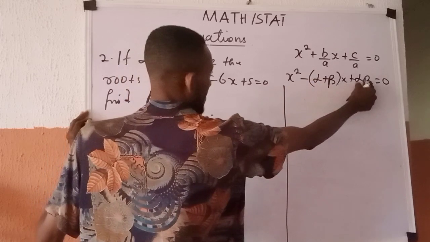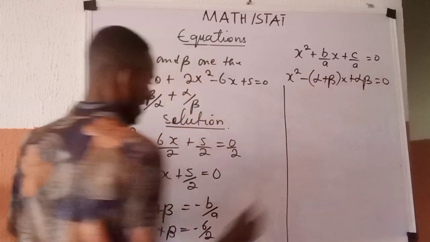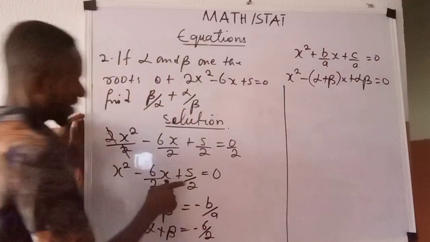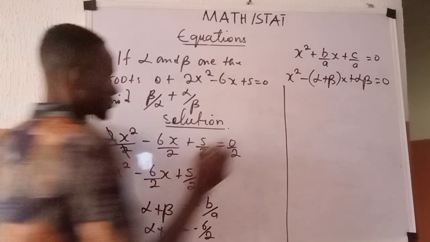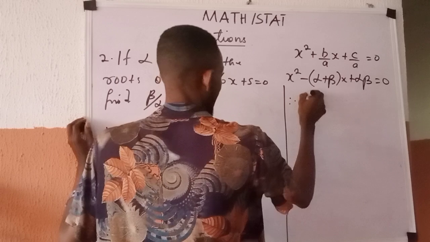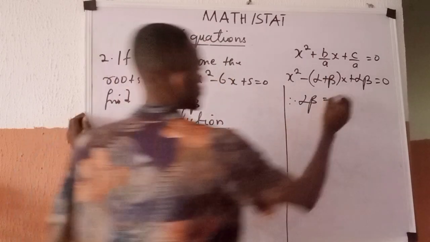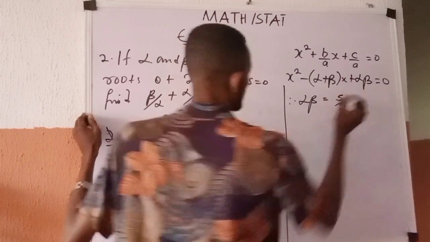This one is talking about the product, which is alpha beta. And that product agrees with this term c over a, which equally agrees with the 5 over 2. So we now say therefore that alpha beta is given as 5/2.